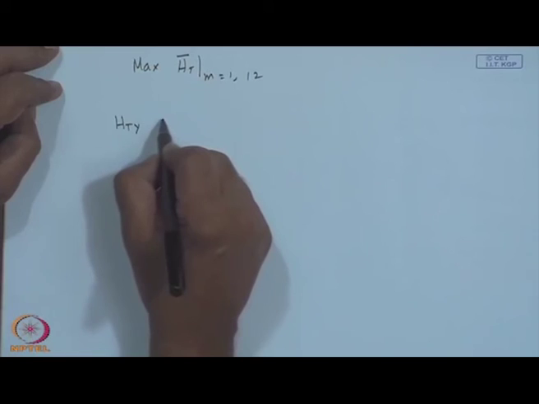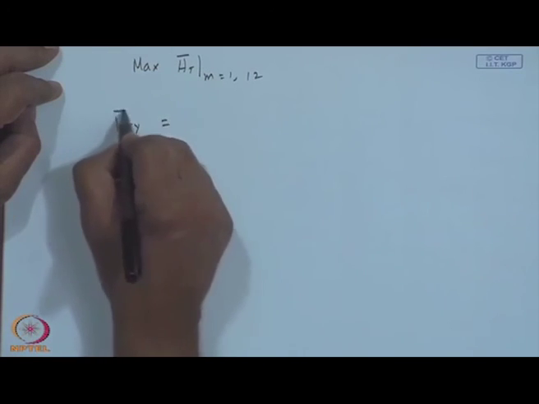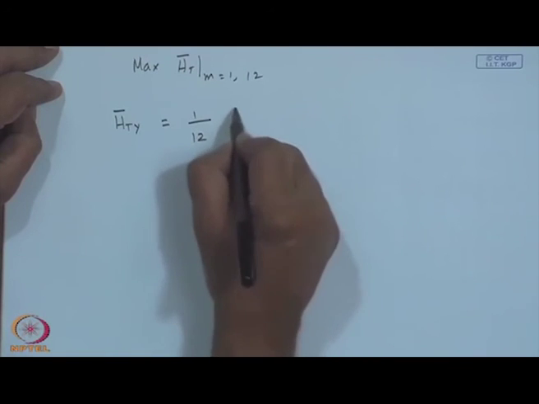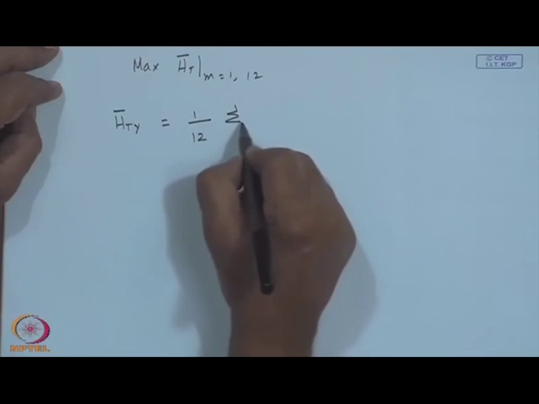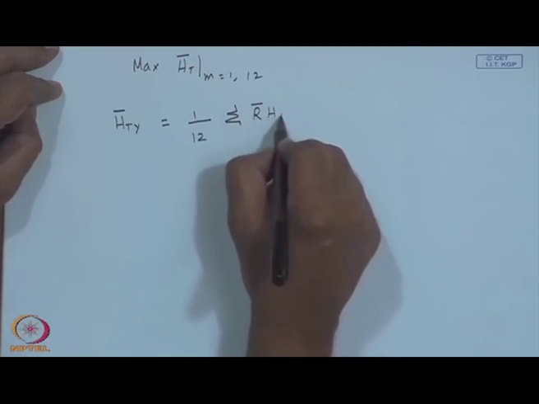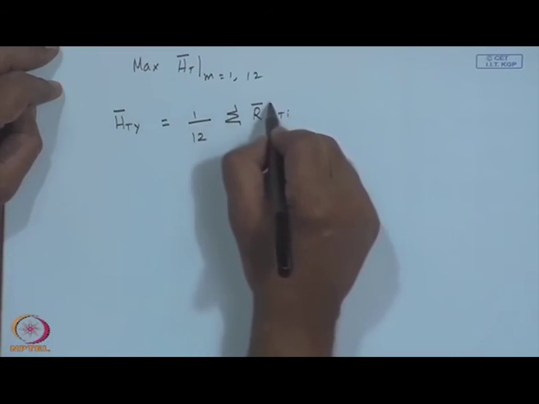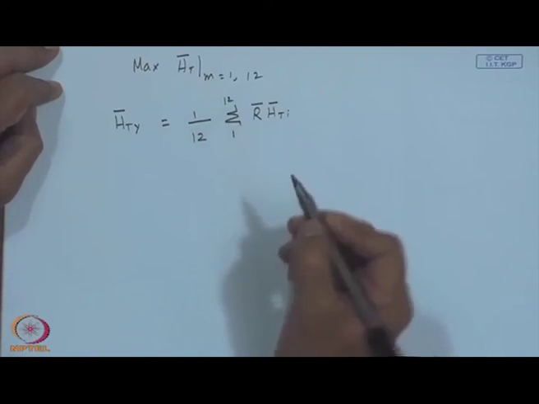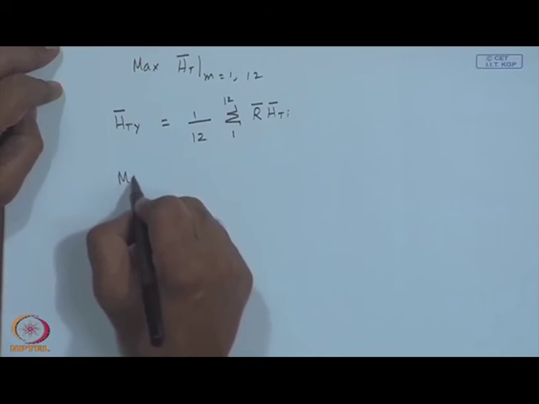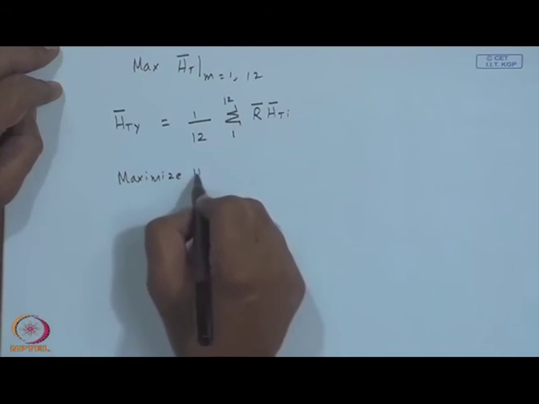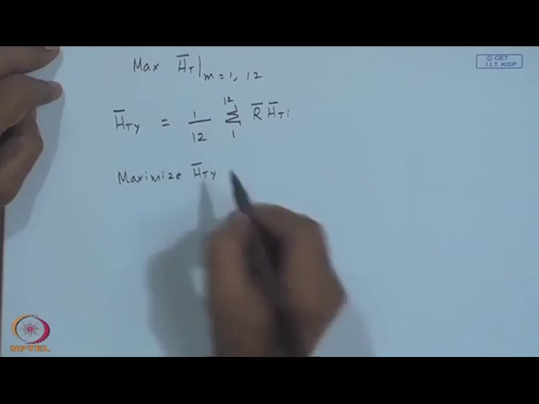total or average, does not matter, 1 upon 12 sigma R bar for the month, HT bar for the month, 1 to 12. Maximize HT bar y.